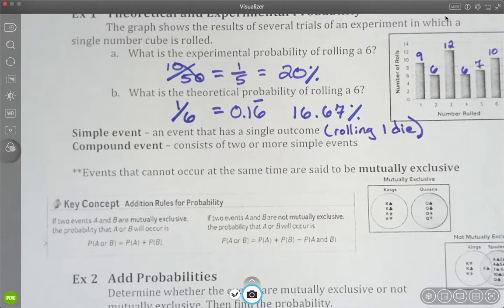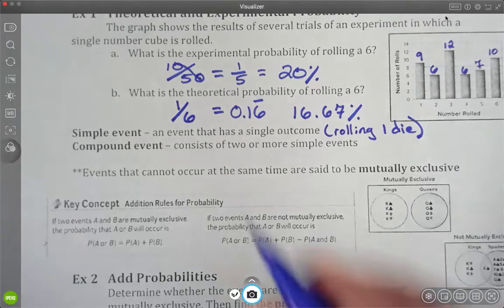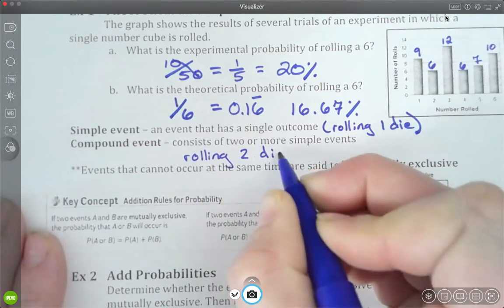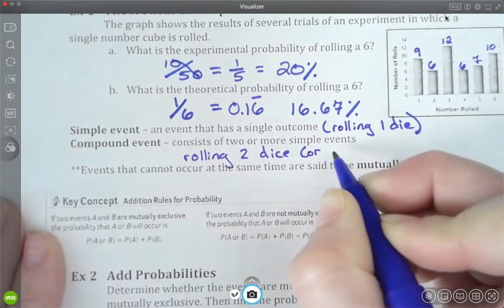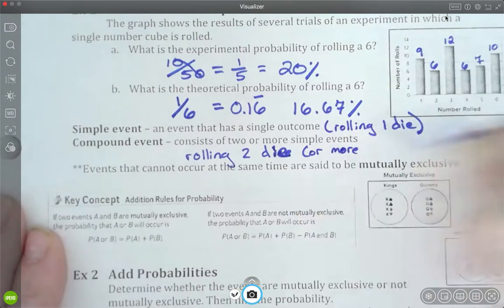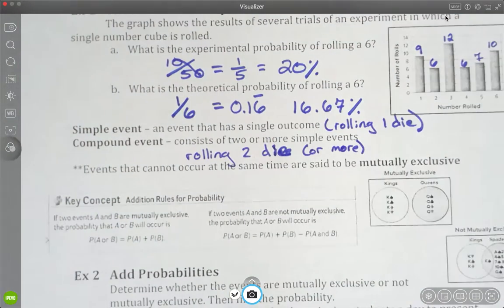A compound event could be rolling 2 dice. I should say die here, not dice. Rolling 2 die. Or maybe you're drawing 2 cards. Or maybe you're rolling a dice and drawing a card together. So that would be a compound event, okay?